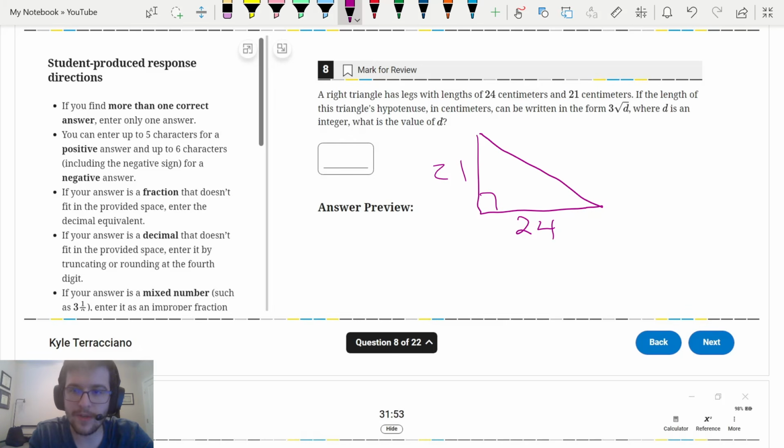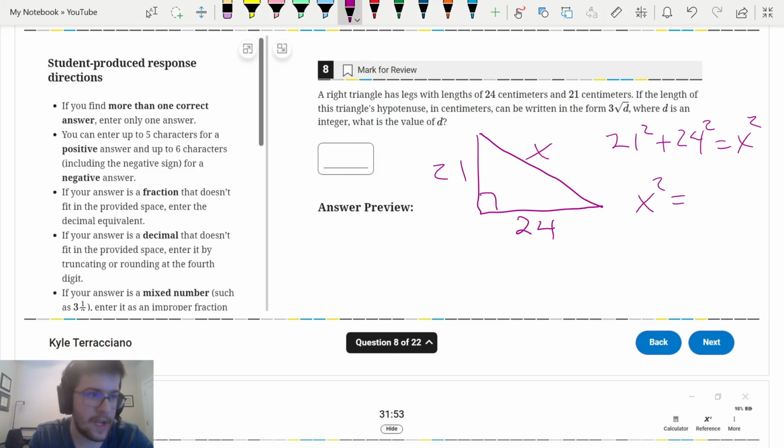Now we're going to do 21 squared plus 24 squared equals x squared. That's the Pythagorean theorem. A squared plus b squared equals c squared if I call this one x. So if you type 21 squared plus 24 squared, you get 1017. So now x is equal to, you take the square root of both sides, the square root of 1017.